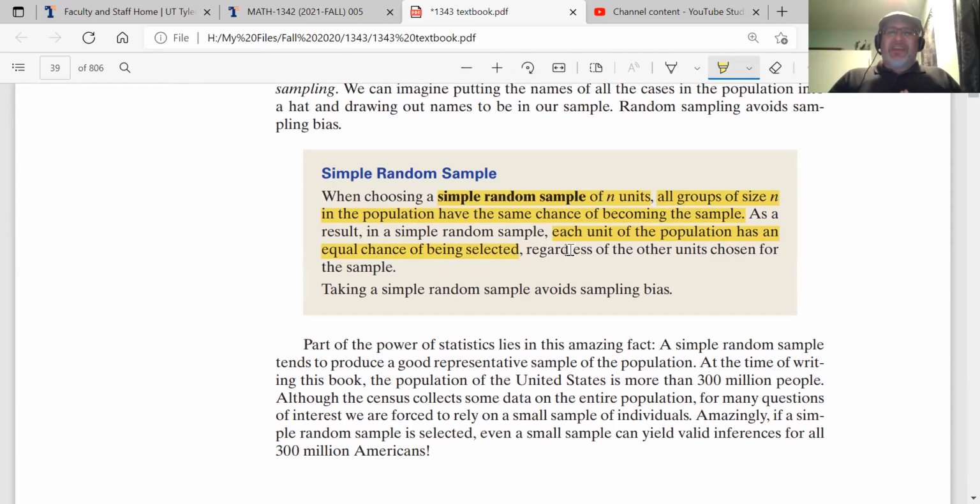Although it doesn't say it in this textbook, I believe that in class I told you that a random sample means that every element of the population has a chance of being selected, whereas a simple random sample means that not only does every member of the population have a chance of being selected, but they have the same chance of being selected. So choosing a simple random sample is not an easy task.